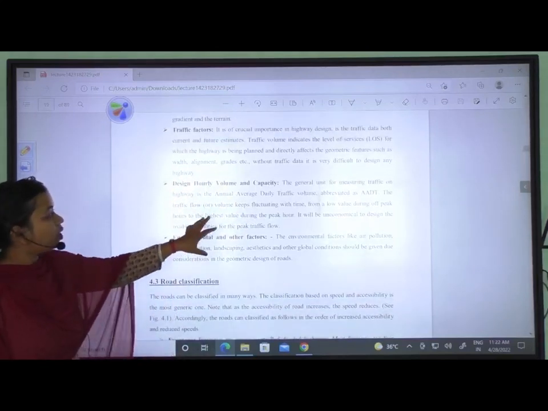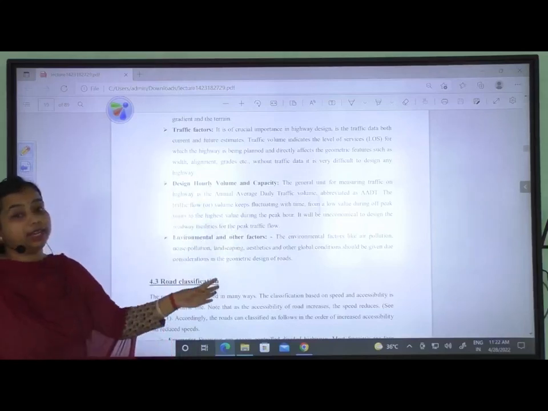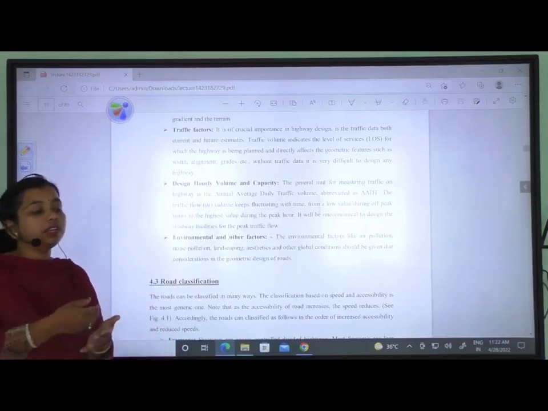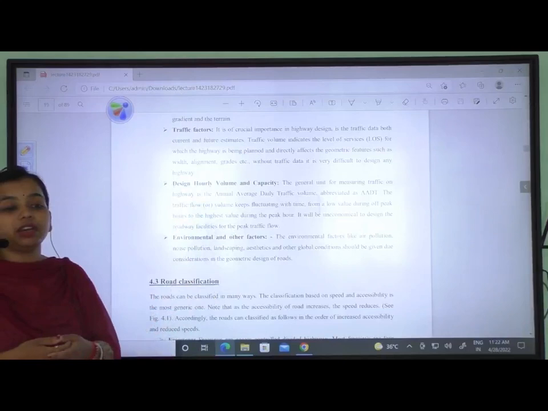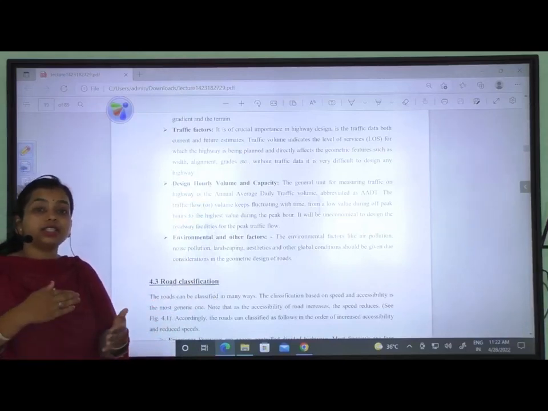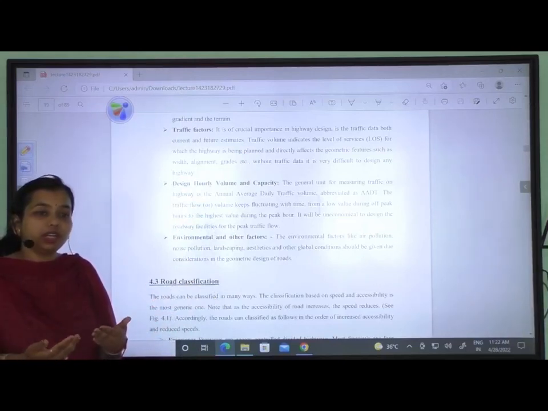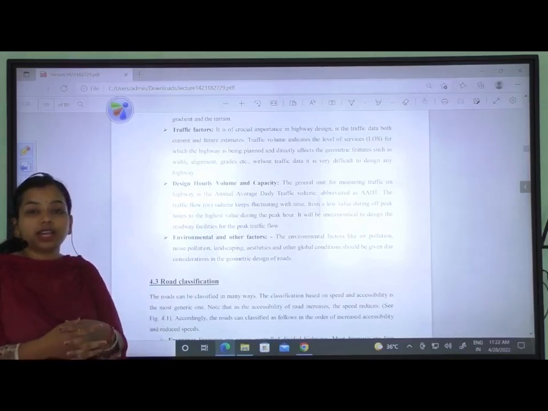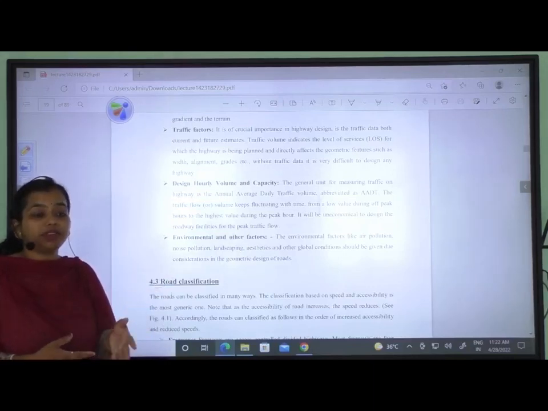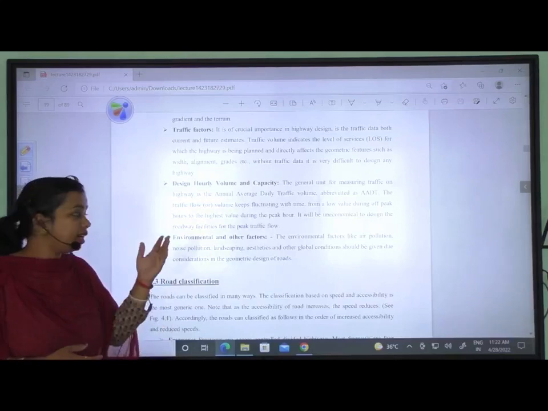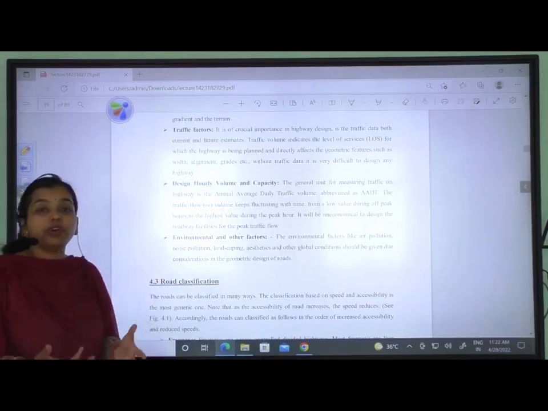The traffic flow volume keeps fluctuating with time. Even if we consider a market area, the volume will fluctuate. For example, on a Sunday the volume will grow.